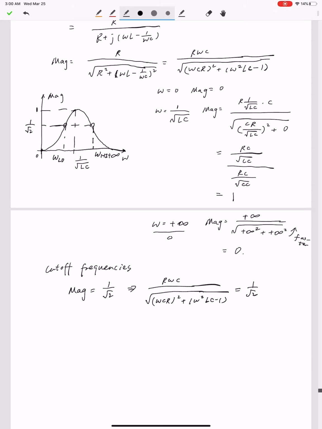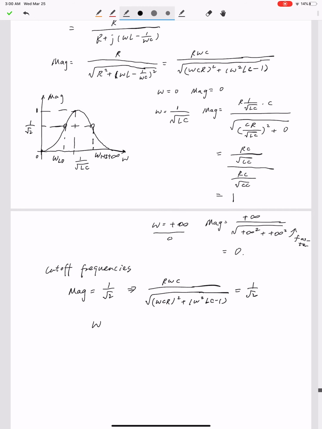And by solving that, you can find two solutions. One is smaller than the other, and the smaller one is called the low cutoff frequency, and the expression is minus r over L plus the square root of r over L squared plus 4 times 1 over LC, divided by 2.